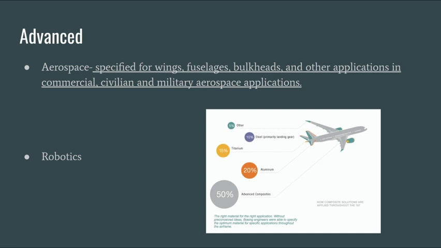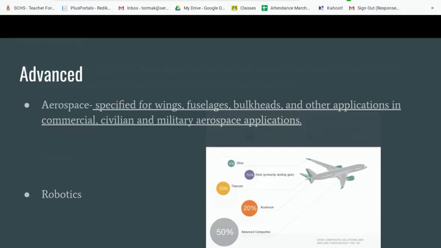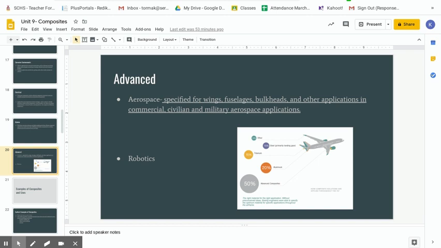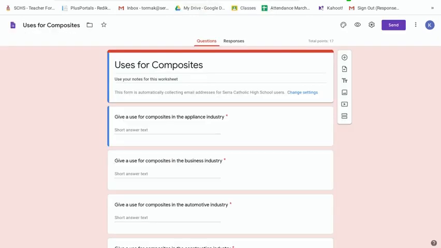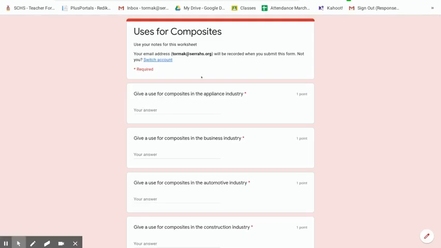So, after you are done taking these notes and putting these examples into your notes, you can click out of your notes and out of this video after you see the directions, and you will go to the uses for composites worksheet. It will look like this for you guys.